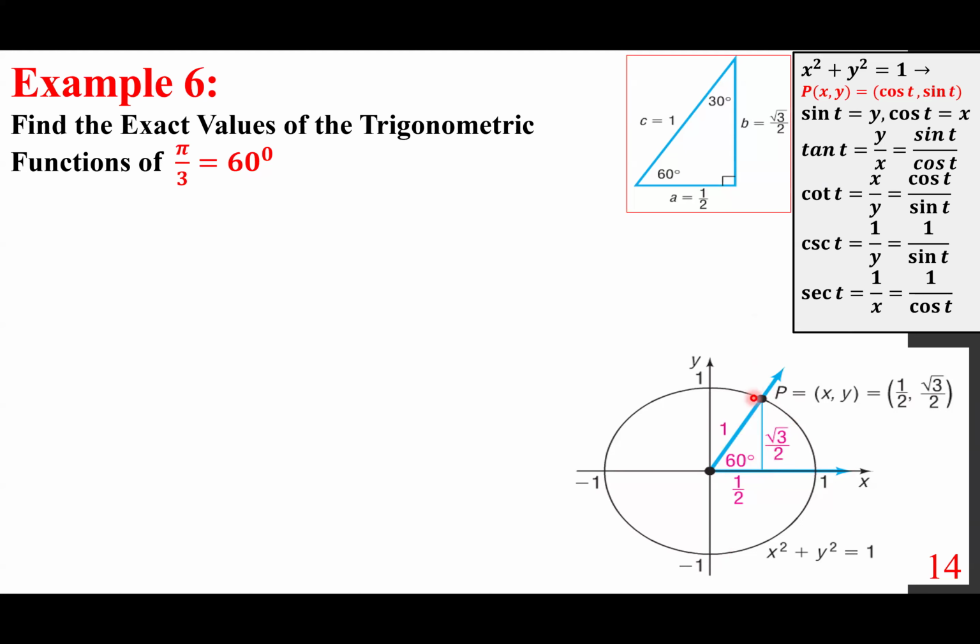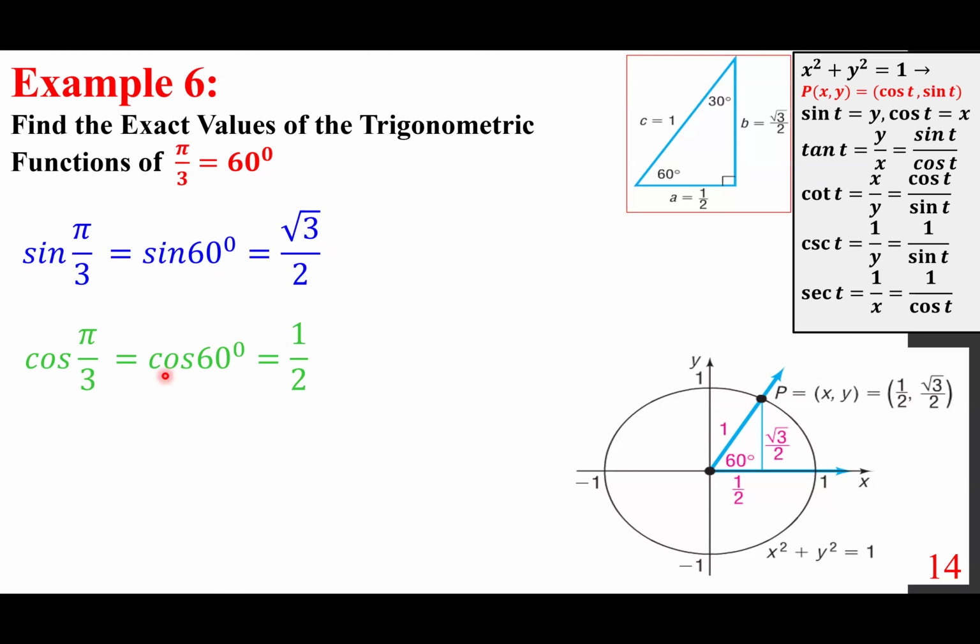Therefore, this point with coordinates x being 1/2, y being square root of 3 over 2, where x represents the cosine, y represents the sine. Therefore, sine of pi over 3 or sine of 60 degrees must be square root of 3 over 2, where cosine must be 1/2, cosine of 60 degrees or pi over 3.